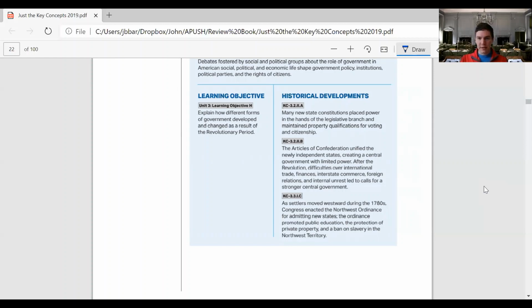A confederation is loosely aligned or loosely connected states. They don't want to have too powerful of a federal government, so they're going to put a lot of power into state control rather than federal control.